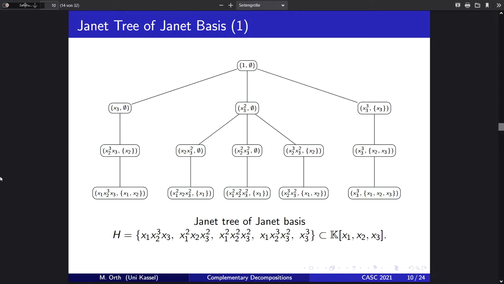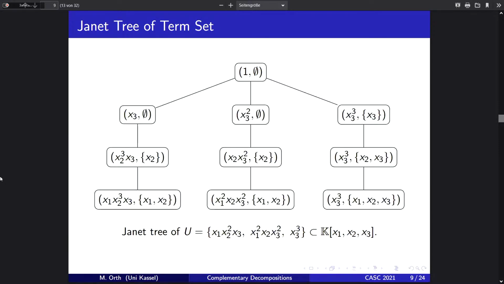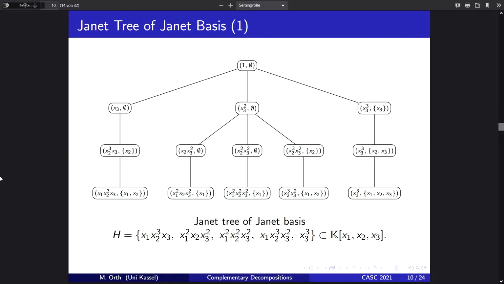If we compare to the Janet tree before, the middle term here is still contained in the completed set, of course. But in the original set, it had the multiplicative variable x_2. In the bigger set, this variable is no longer multiplicative, as you can see in the second branch from the left.